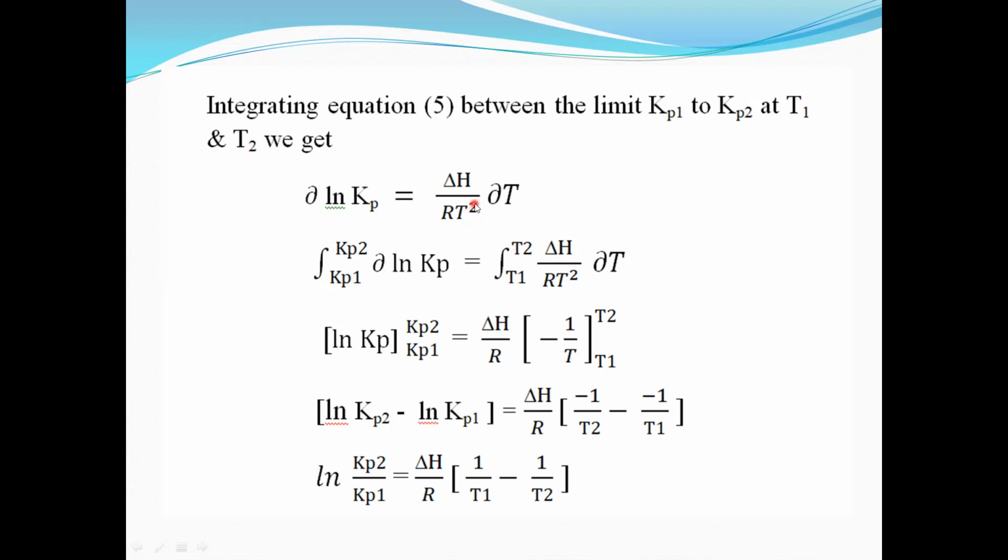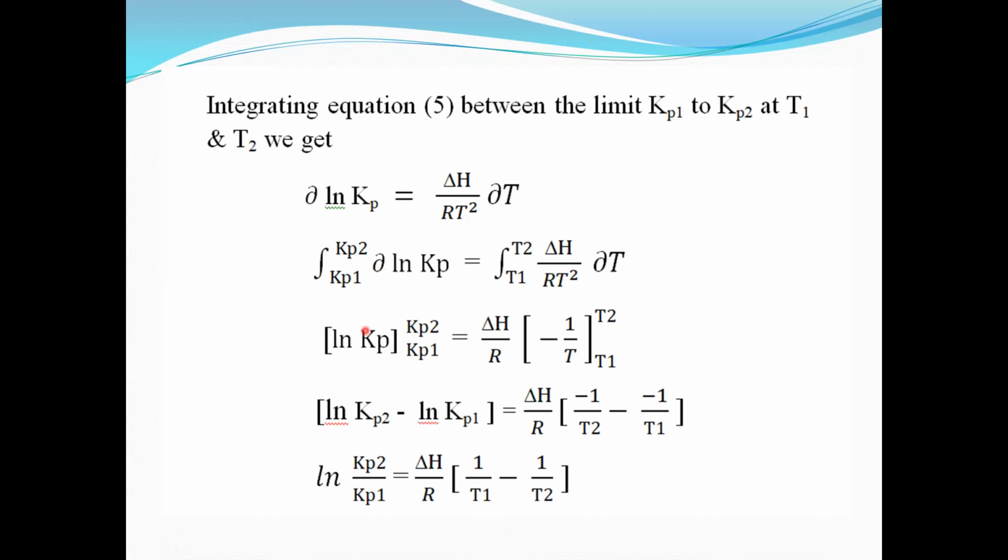Now here, the derivative of ln Kp and its integration: this is the integration and this is the derivative. When integration and derivative come together, they get cancelled. Very important.